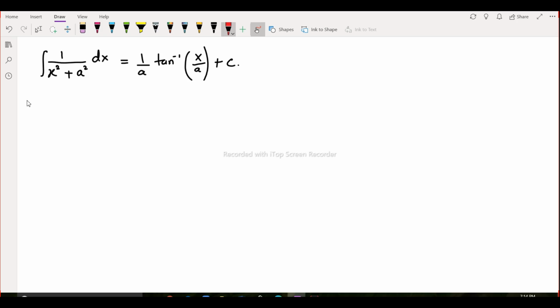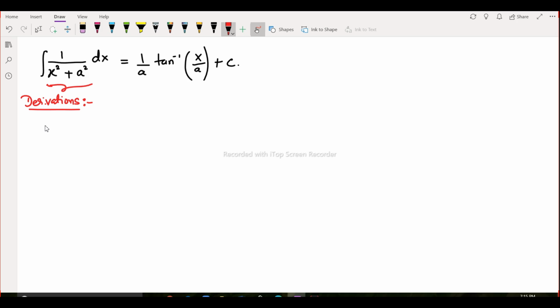Now let's see how we can derive it. Let's see one of the derivations and then we'll write down all the formulas. In integration, we should remember some substitutions. See, this is x square plus a square, right?